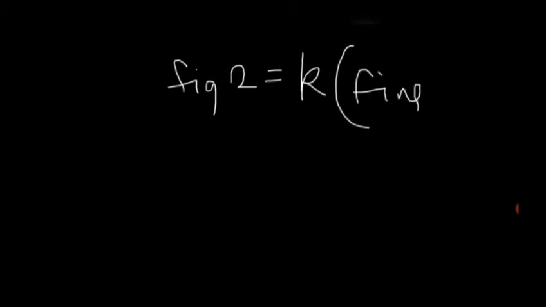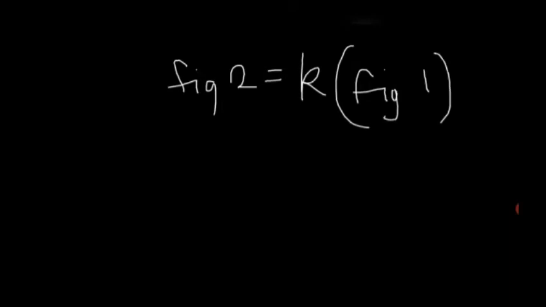Understand this. Let's say this is figure 1 and this is another figure. If figure 2 is some k times figure 1, that means they are similar.